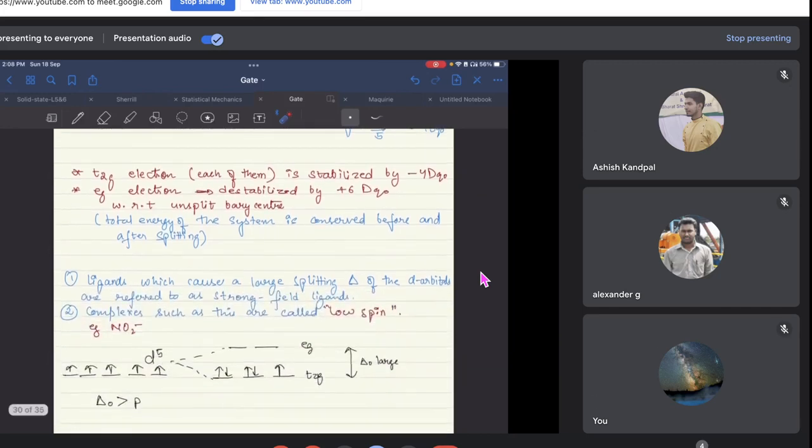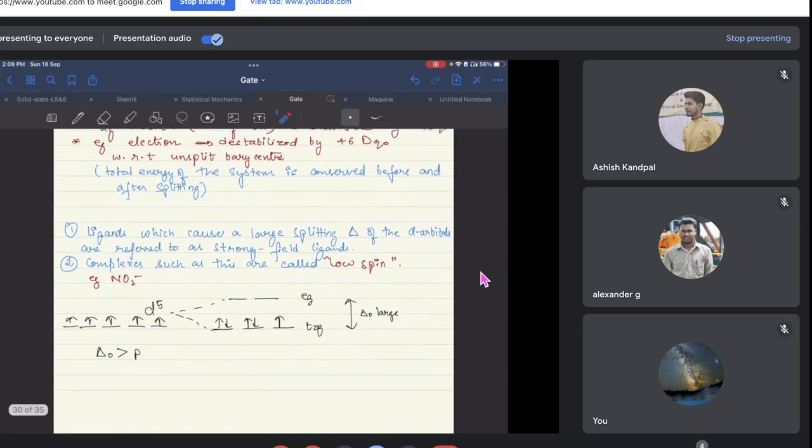Also, we need to note that ligands which cause large splitting, that is, where the delta value is large for the d orbitals, are referred to as strong field ligands, and complexes having a strong field ligand are known as low spin complexes.